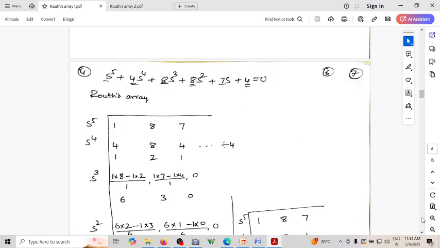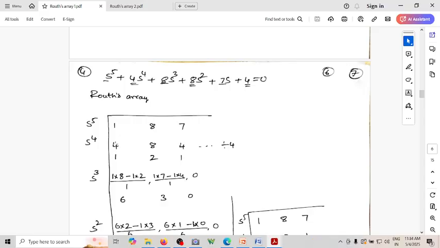Moving on to the fourth one, you can see this is the fourth characteristic equation. You have this Routh array. We are writing the first two rows. It's also possible to reduce these elements. If all elements of a row are divisible by a certain number, you can divide.